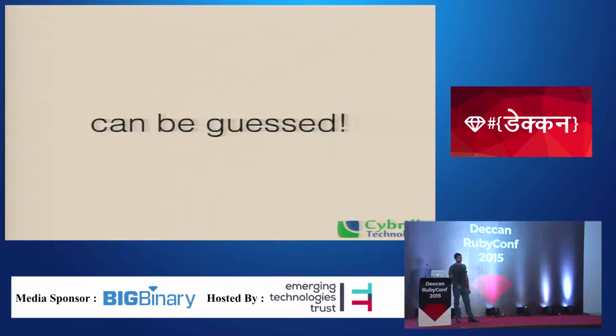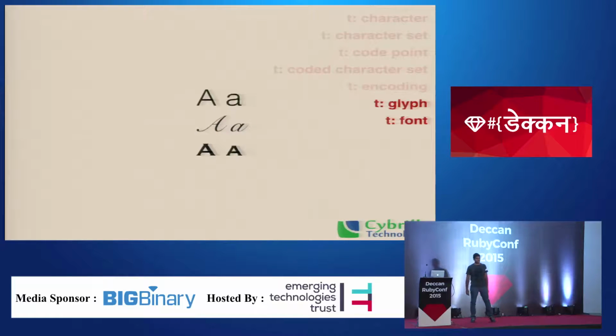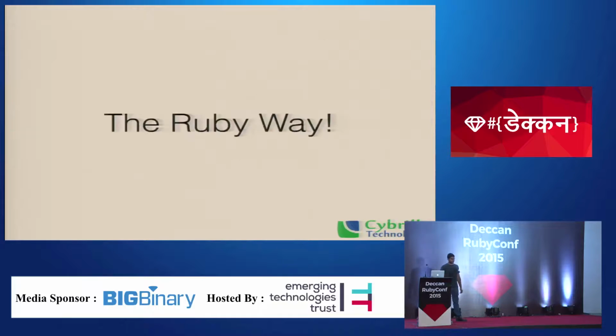That's because it can also be guessed, which is not 100% foolproof, but there are programs which try to guess, based on the byte sequences, which encoding your data is represented as. One such command is the file command in Linux, which will help you do that. So I'm going to skip this. So fine, now we understand the fundamentals of it.